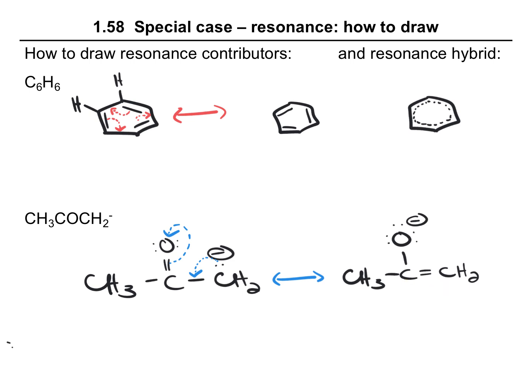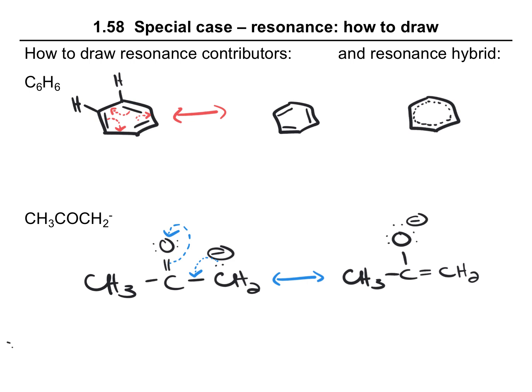Unlike the examples with carbonate and benzene, these two resonance structures are not equivalent to each other. So this is where we need to evaluate their relative stability if they were to exist. Now we have the same number of bonds, so there's not a difference that way. We have the same number of charges, so there's not a difference that way.